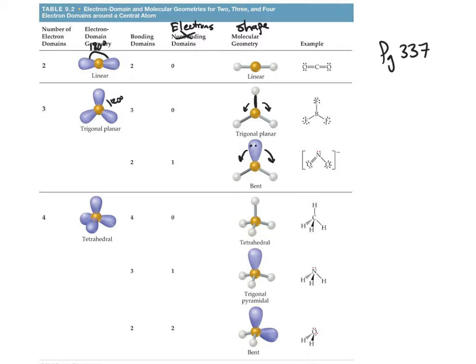Now, in truth, a pair of electrons has a larger repulsive force than a bond domain. But I just want to be clear that a pair of electrons would cause this angle of the bent molecule to be less than 120 degrees. Now, in the trigonal planar, since they're all bonds around the central atom, this is 120 degrees.